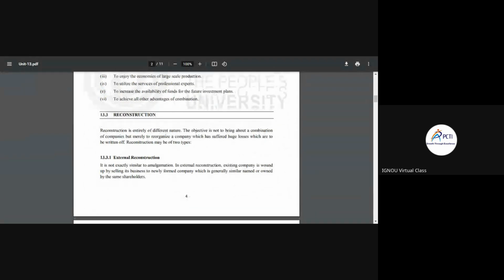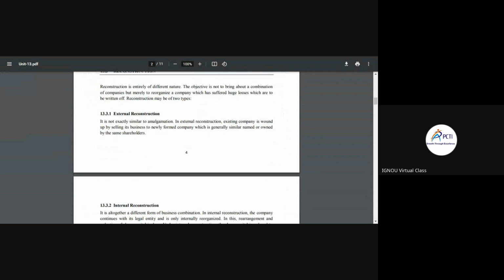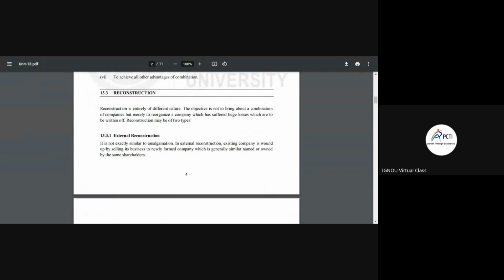First of all, we have the term reconstruction. So basically, reconstruction is a combination of companies, but merely to reorganize a particular company which has suffered huge losses which are to be written off. That will be known as reconstruction. There are two kinds of reconstruction.